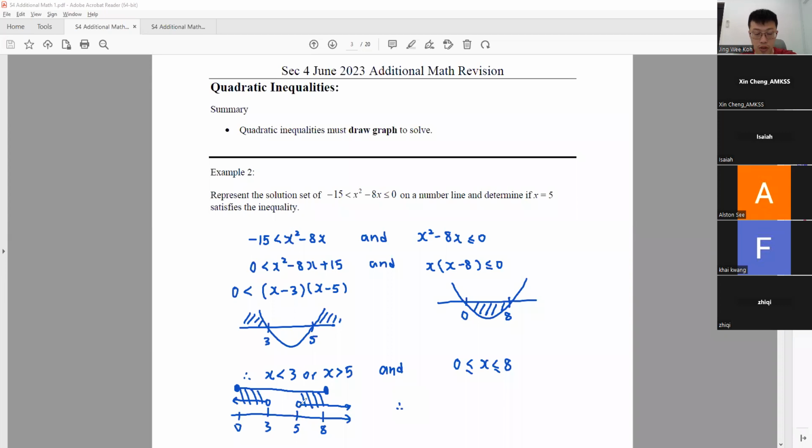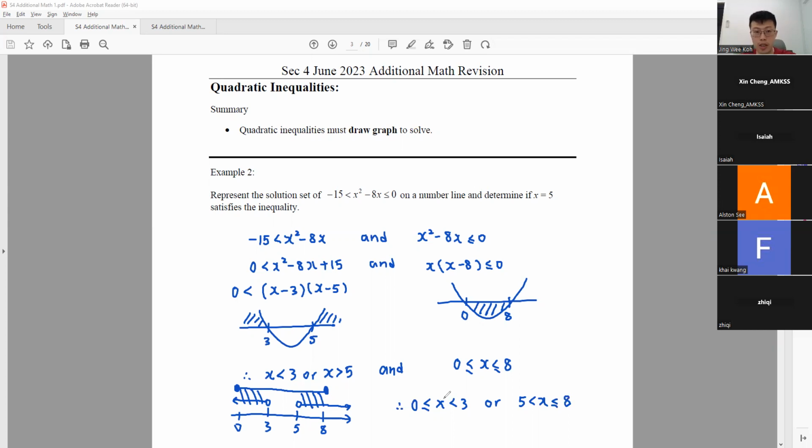So the final answer is x is between 0 and 3. You must be careful: it includes 0, however it does not include 3. It also does not include 5, but it includes 8.